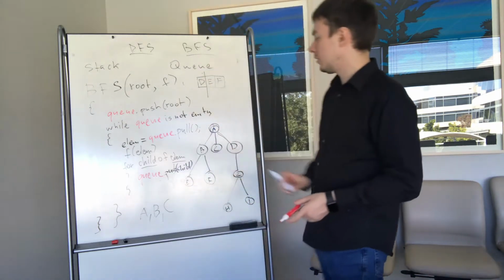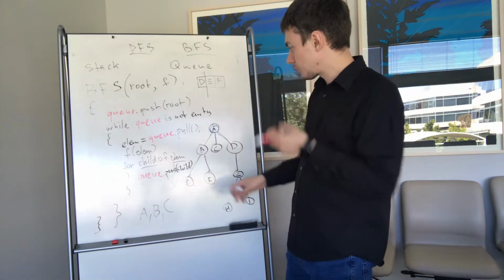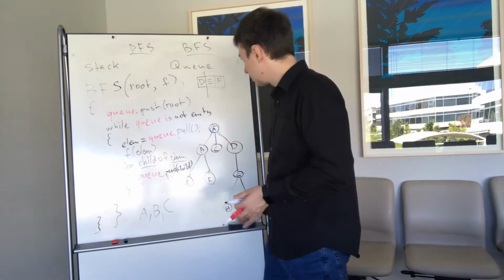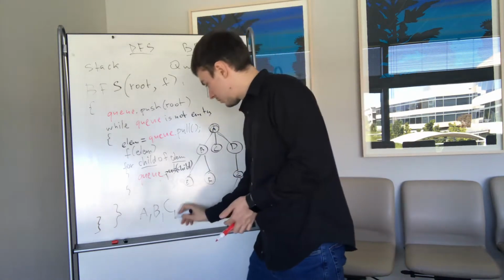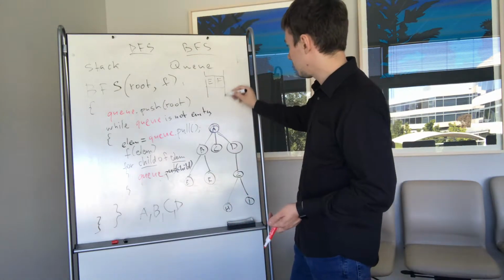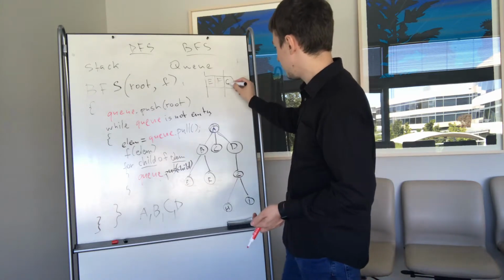And we want to add all the children of C, but C has no children. So we're going back here again and pull D, print it, and add all its children to Q, which is G.